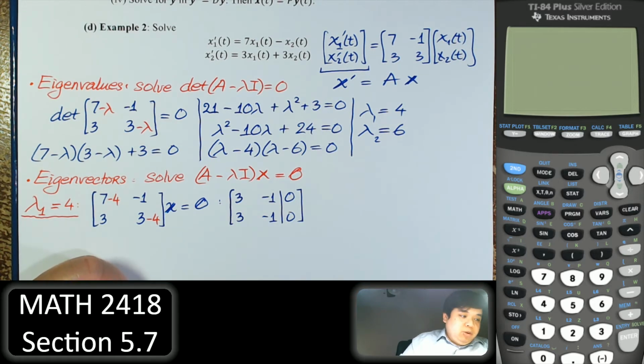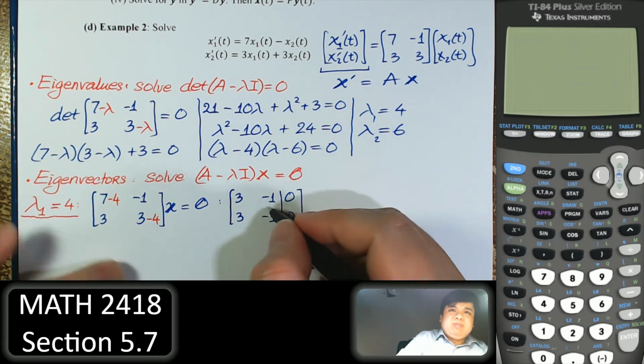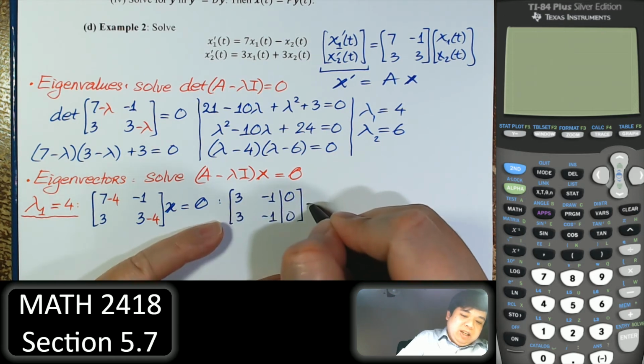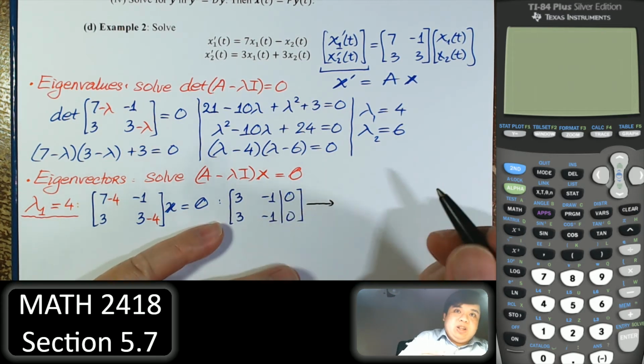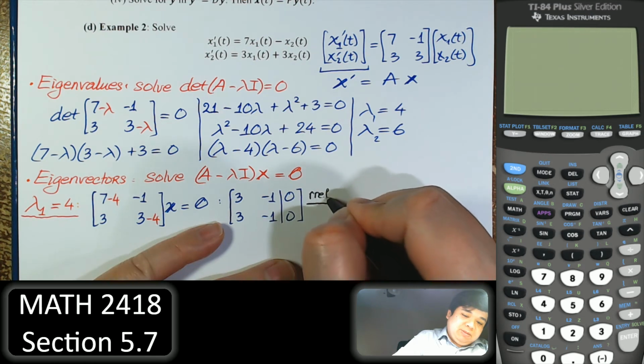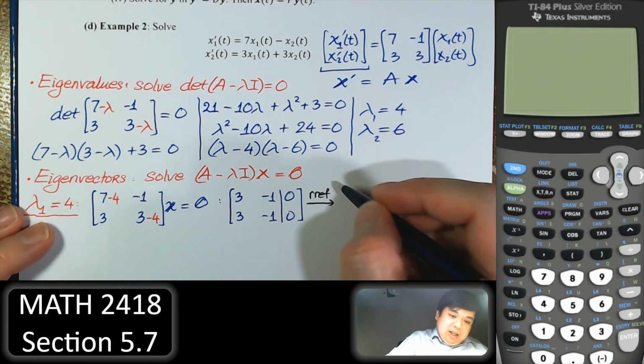Of course, we can just reduce to echelon form, but from here just subtract each other and we have 3, negative 1 and 0. But I said let's be consistent here.